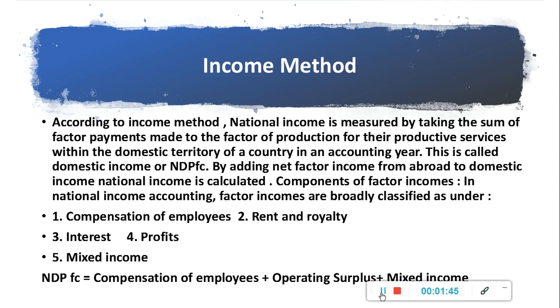So, in the income method, we calculate national income by taking the sum of all the factor income received by all the factors of production for rendering their productive services within the domestic territory for the period of 1 year. So, we get our net domestic product at factor cost by adding all the factor income received by the factors of production.